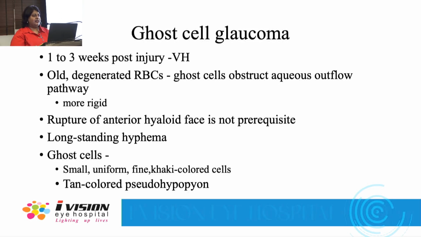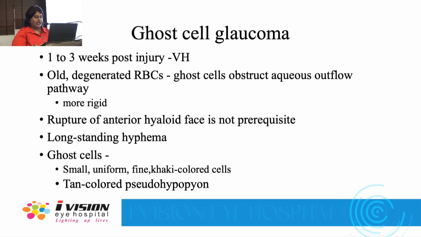Other glaucomas happen because of intraocular hemorrhages. Ghost cell glaucoma happens because of ghost cells, those khaki colored cells that come from degenerated RBCs. Long lasting vitreous hemorrhages lead to degenerated RBCs, which come and occlude the trabecular meshwork.